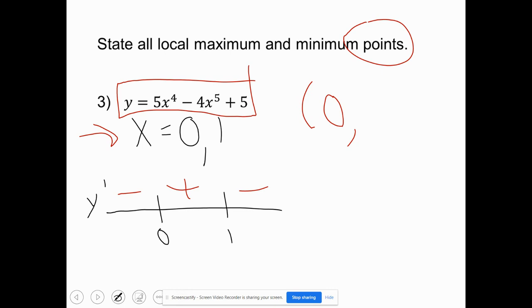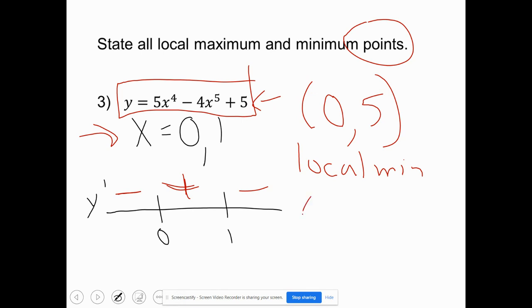So if I go up to my original function and I plug in x equals 0, I can see I get y equals 5 back. So the point (0, 5) would be, is that a local max or a local min? Remember, you went from negative slopes to positive slopes. So at (0, 5), that would be a local minimum value.